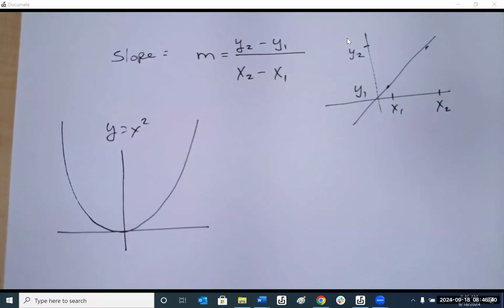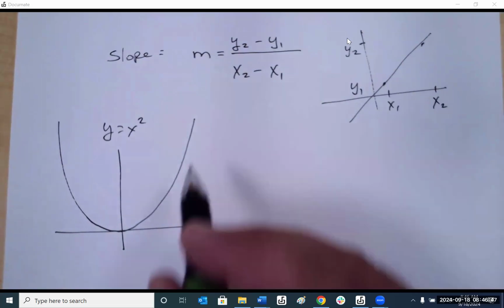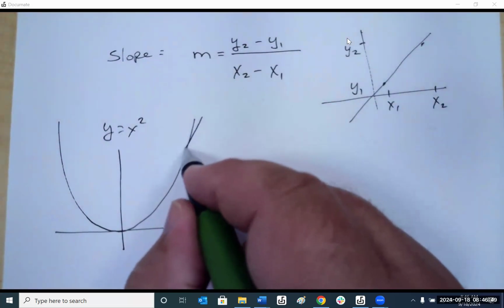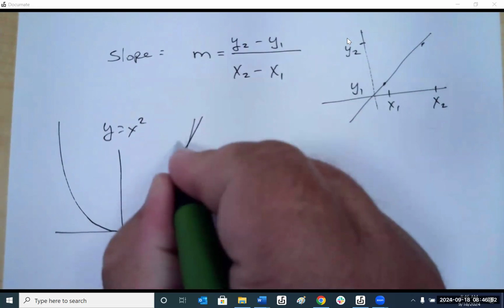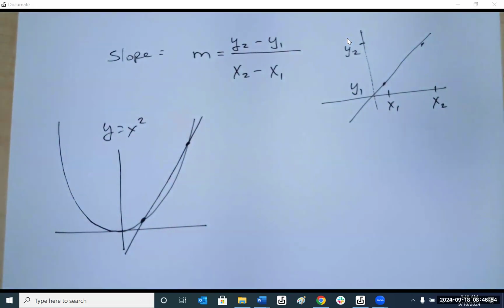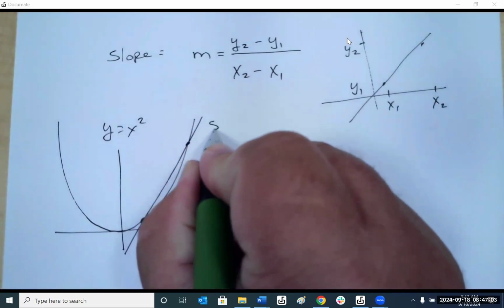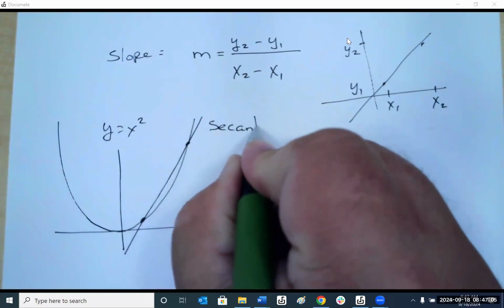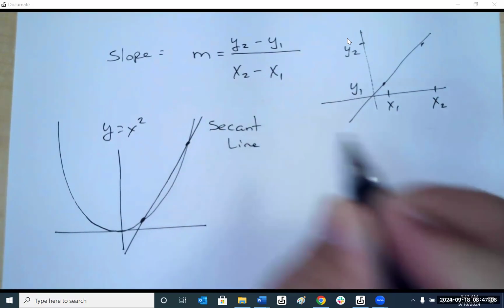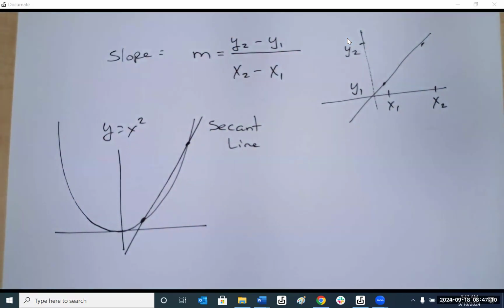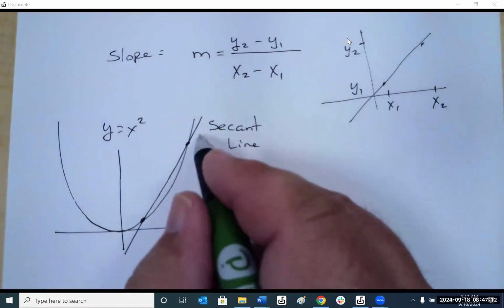So the problem with curves is we can't find the slope with this equation. If we were to try to find a slope between 2 points, is that the slope of the curve? No, that's simply the relationship between those 2 points. This is called a secant line. A secant line cuts a curve in 2 points.